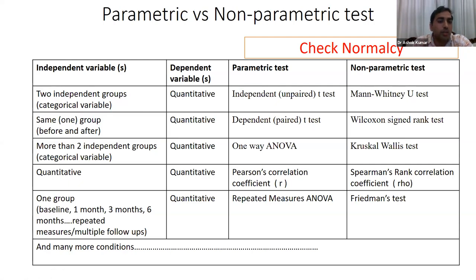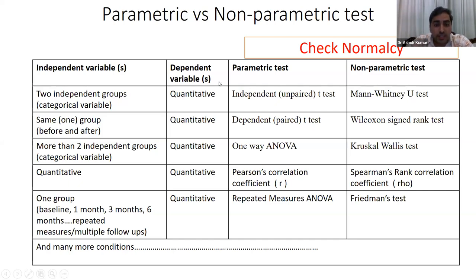So there are two independent groups, and the dependent variable is quantitative in nature, for example age, height, weight, systolic BP, HB, and scores such as anxiety score, depression score, etc.